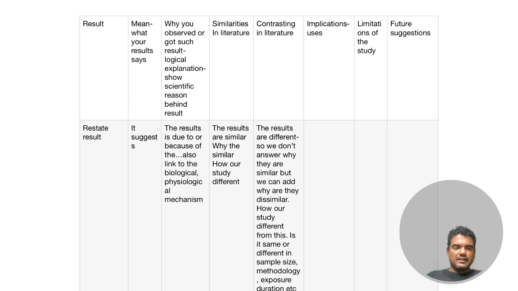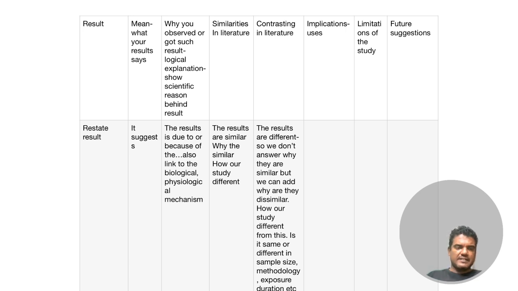We can also write that this study shows that the adverse problems of the chemotherapy will be minimized by changing the concentrations or something. So we can write about adverse effects.